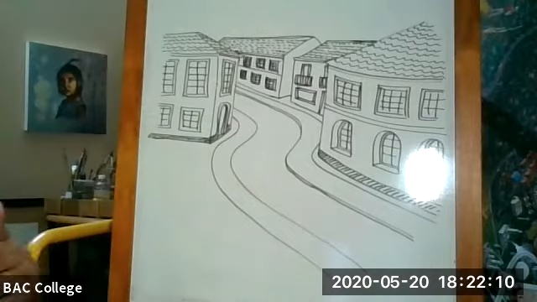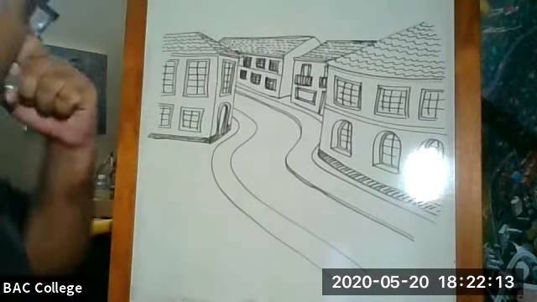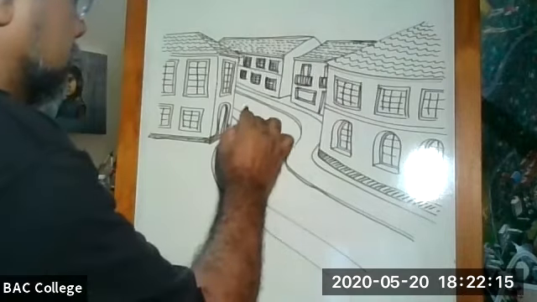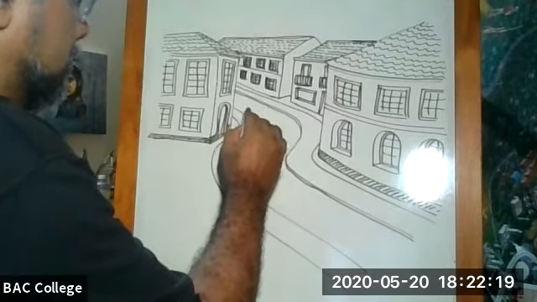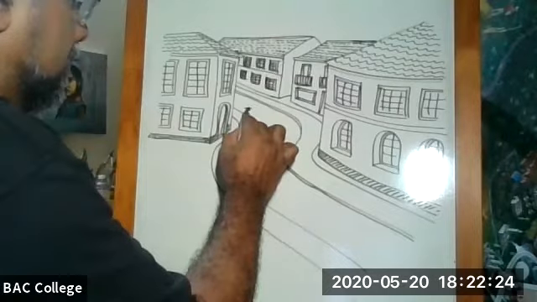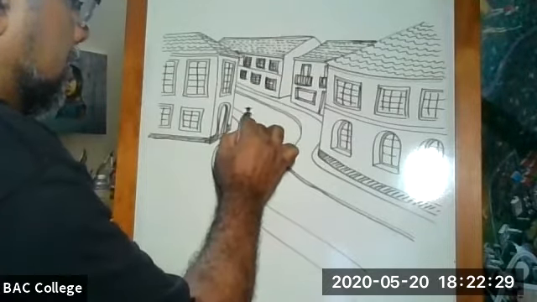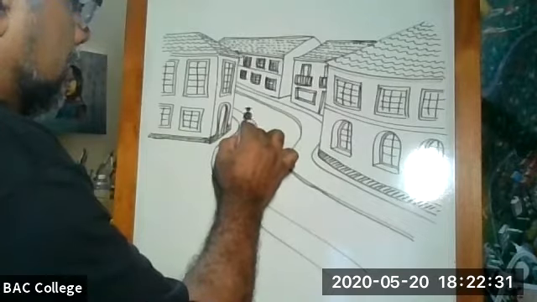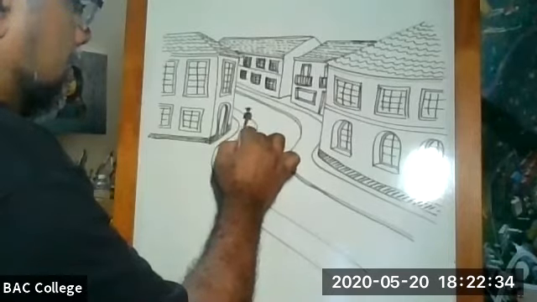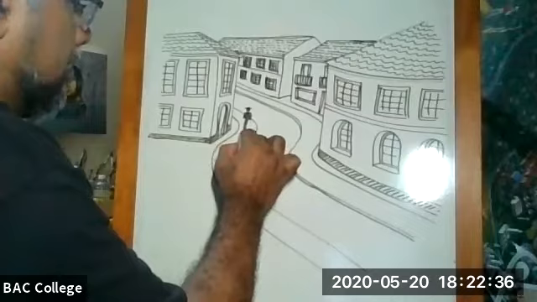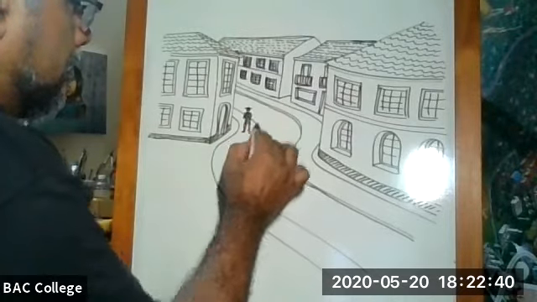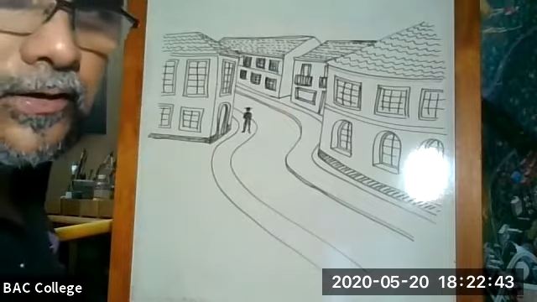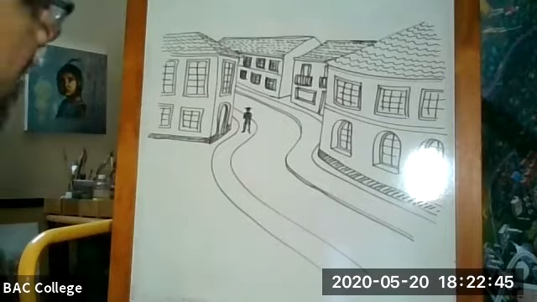Okay, so let's do this. Let's get some people walking around here, and maybe with a hat. I'm just going to draw a band like that, a dark figure.